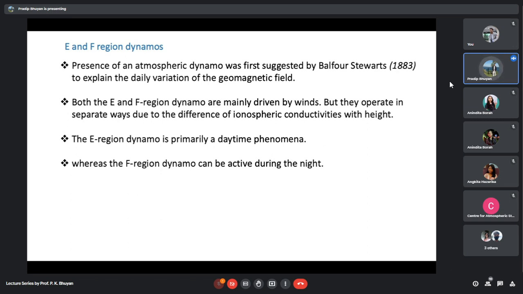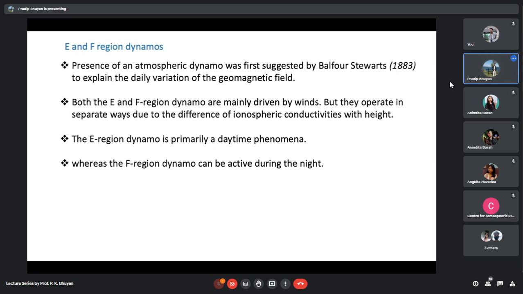So within the E region there is a dynamo which operates primarily during the daytime. If there is no specific event, the E region current flows only during the day. But in the F region, the dynamo can be active during the night also, because even at night time the ionization never vanishes.